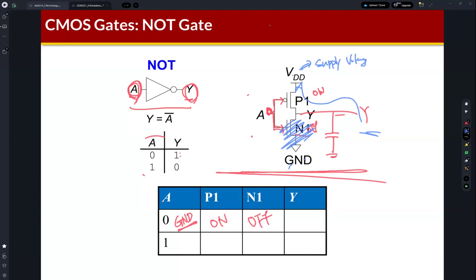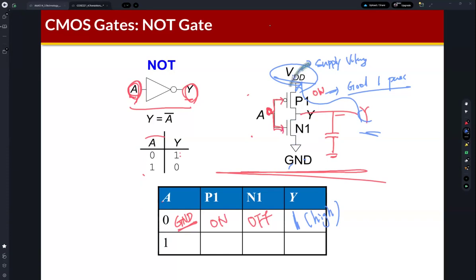In this state, the output Y is connected to VDD. I also mentioned that P1 is a good one pass: high voltage is easily passed and delivered to the output Y. So Y is 1, high voltage. Okay, do you understand?